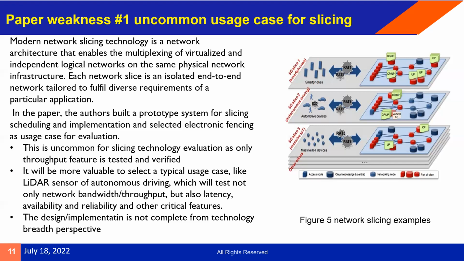Because slicing is meant to meet all kinds of network devices in all kinds of situations, like broadband, mission critical, and other applications. The design implementation seems not so complete from a technical breadth perspective.